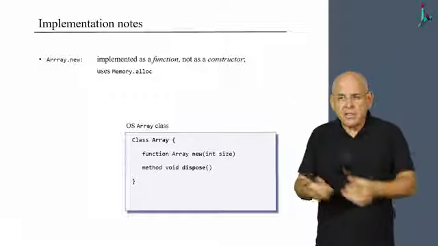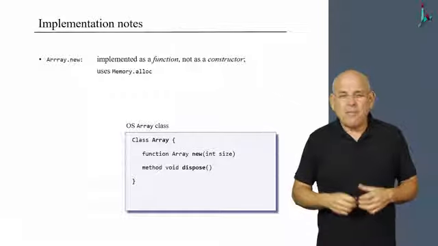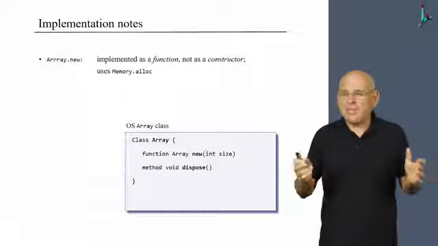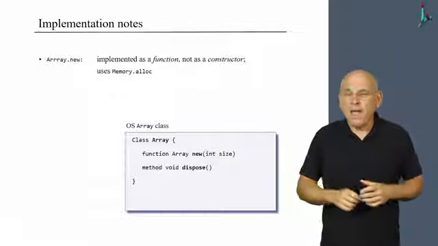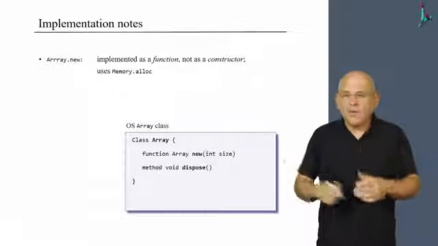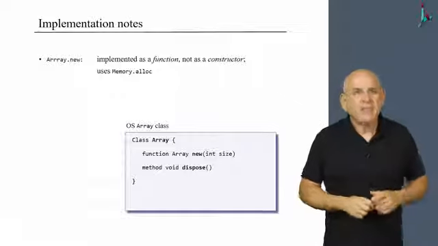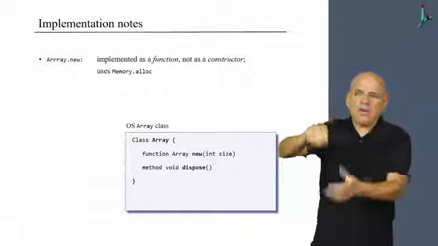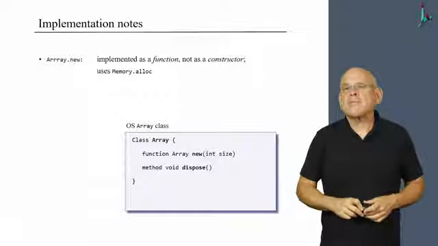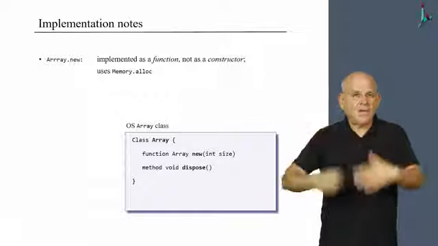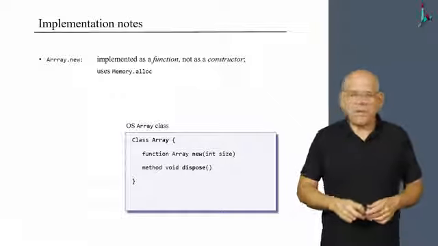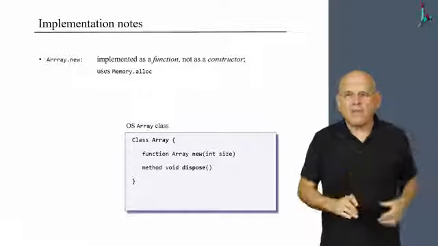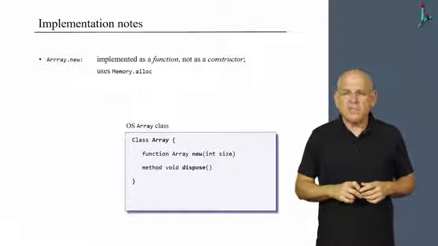So when you write this function, I must admit it's such a trivial function, it's embarrassing to talk about it so much. You have to call memory alloc and then return the address of the newly constructed RAM area to the caller. And then the caller can start populating the array with the values and so on, and then it will be the business of the compiler to figure out what the client wants to do.